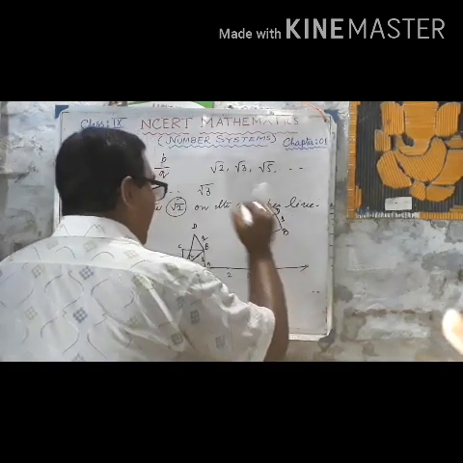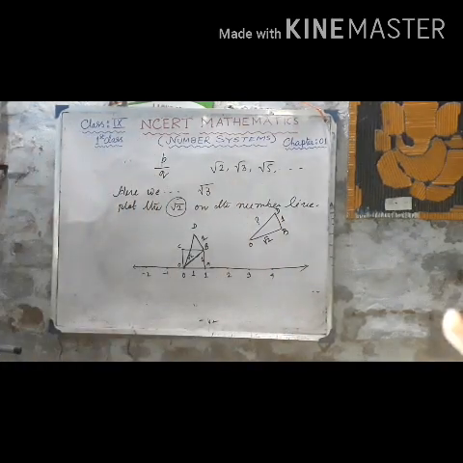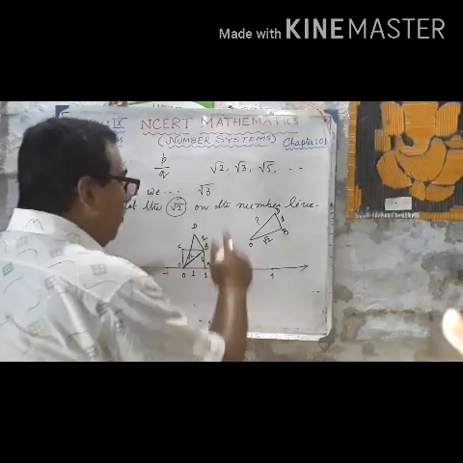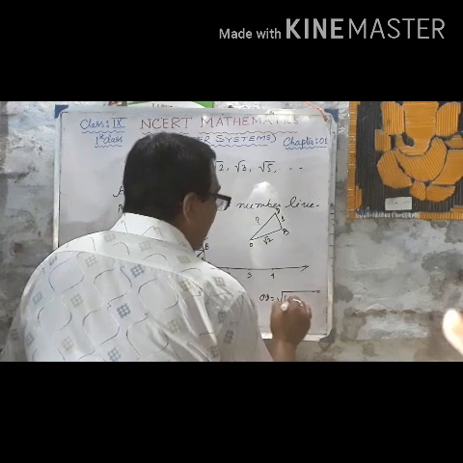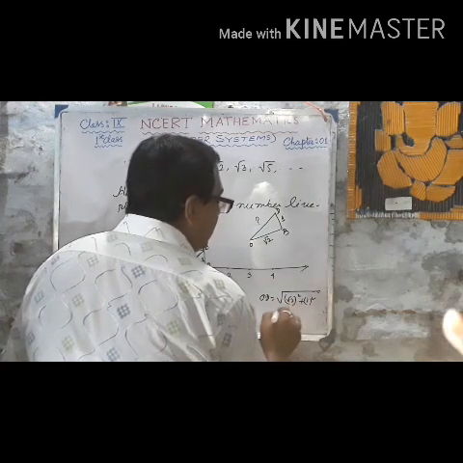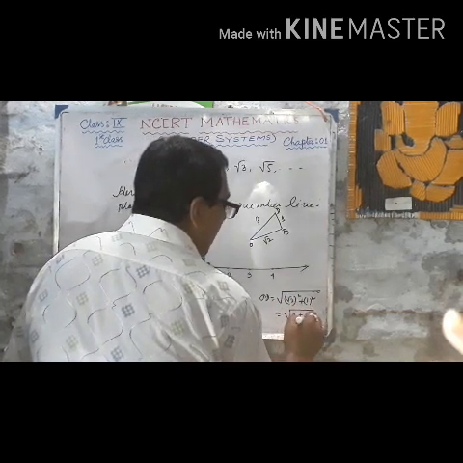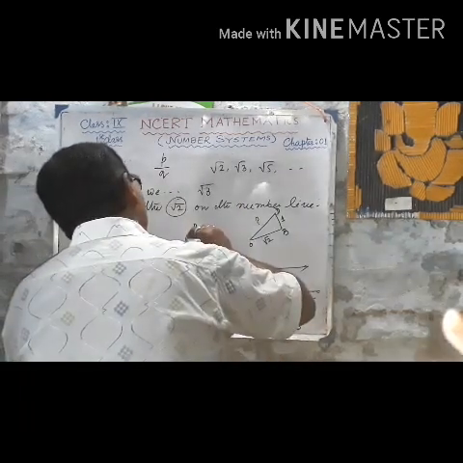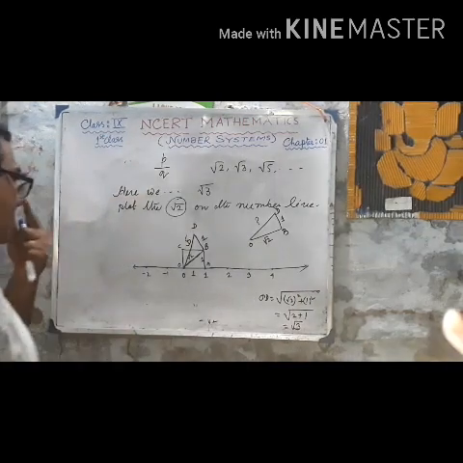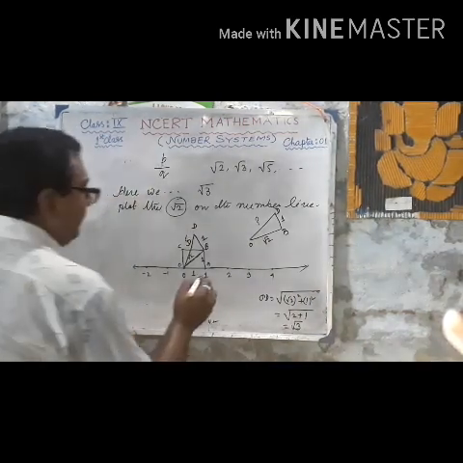Then we have to find OD. By the Pythagoras theorem, OD is the square root of root 2 squared plus 1 squared, that is 2 plus 1, which is root 3. So OD is root 3.